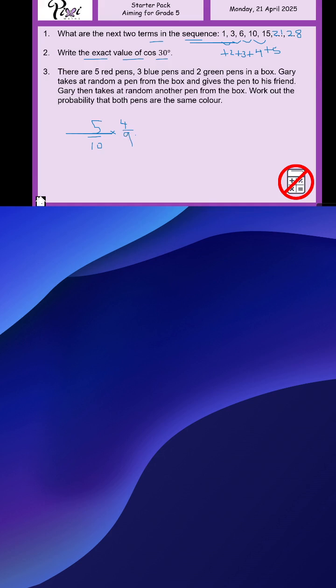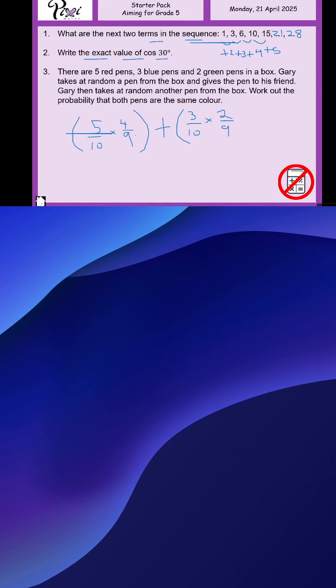Because once I've taken one, the total goes down by 1. Plus the probability that I can take 2 blue pens, that'll be 3 out of 10, times 2 out of 9, because it's not been replaced.